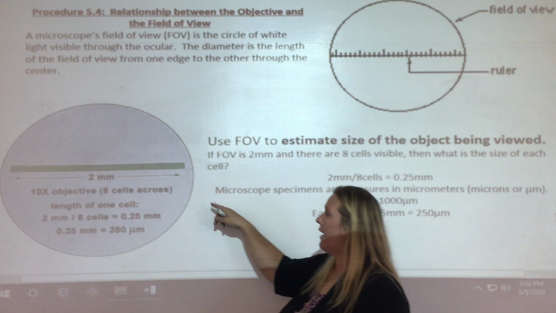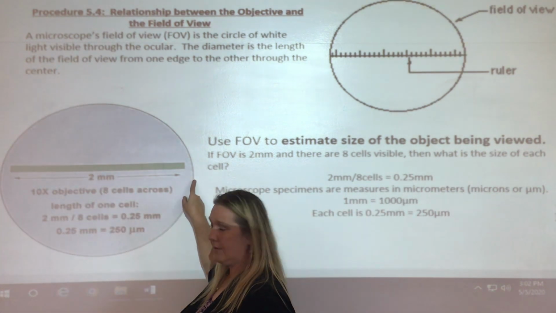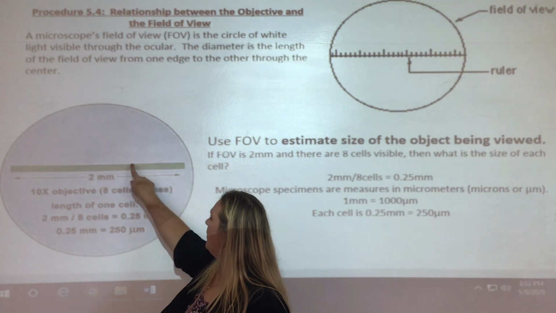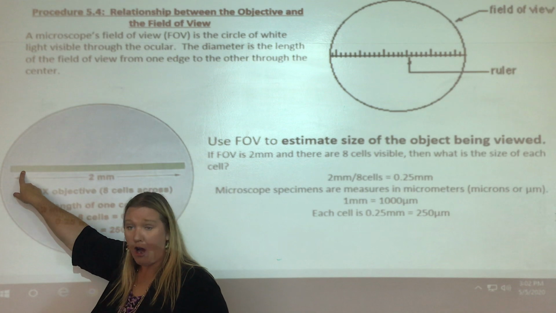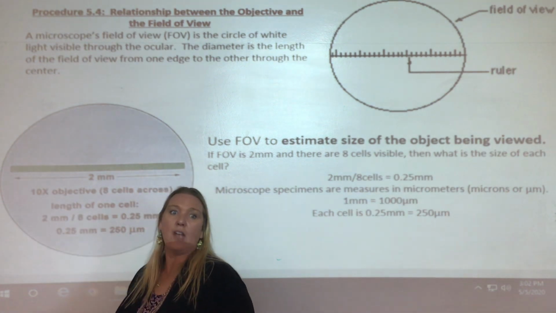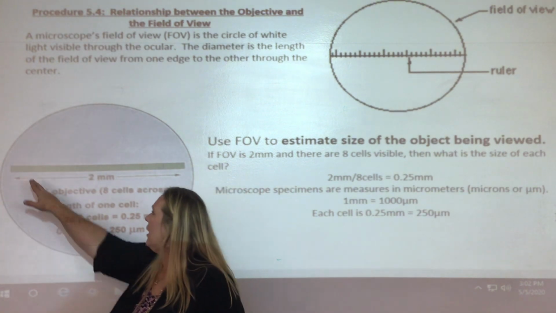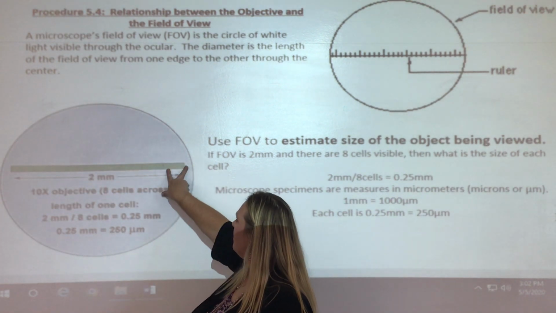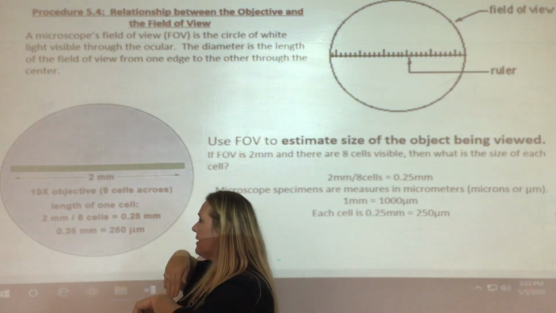So if I look in there and I know the field of view from one side to the other is 2 millimeters, and there's 1, 2, 3, 4, 5, 6, 7, 8 cells across, how big is each cell? If we didn't know the field of view, we wouldn't be able to then estimate. If it takes 8 of them to fill it up, how big is each one?